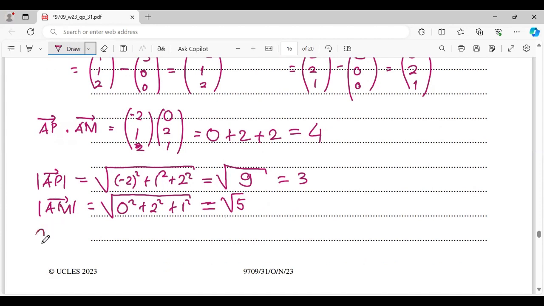And cosine theta is AP dot AM over modulus AP times modulus AM.